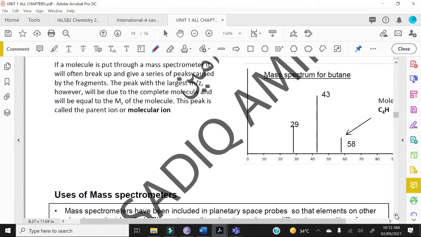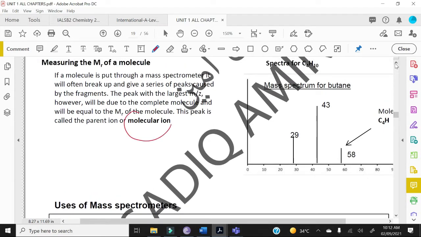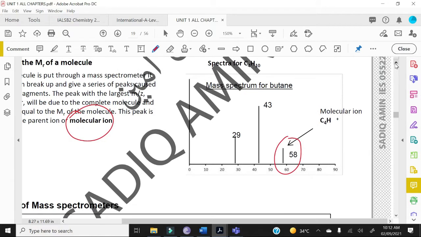Okay, you can see there's a molecular ion peak also. Molecular ion peak stands for the mass of the whole molecule. Now see here C4H10. If it's a molecular ion peak, it's representing the whole molecule. So 12 times 4 plus 10 hydrogen.